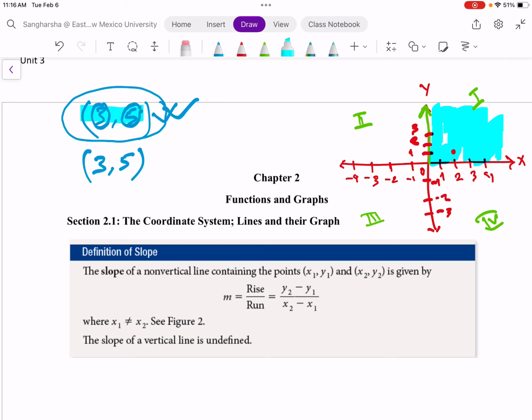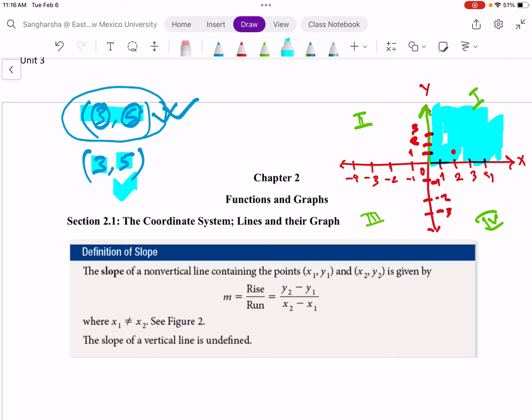But if we are talking about the ordered pair, this is a point on the Cartesian coordinate system. The first element of the ordered pair is the x coordinate, and the second element is the y coordinate. We will define what these x coordinate and y coordinate are.